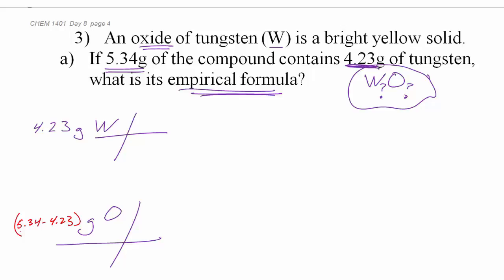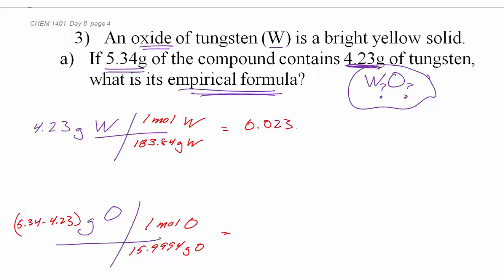So the molar mass of tungsten is 183.84. And oxygen 15.9994. So 4.23 divided by 183.84, you get about 0.023.